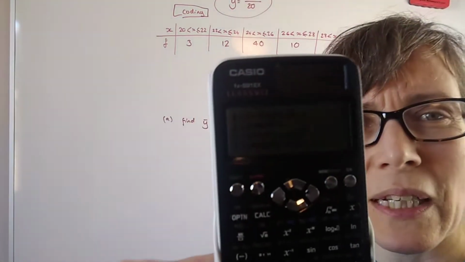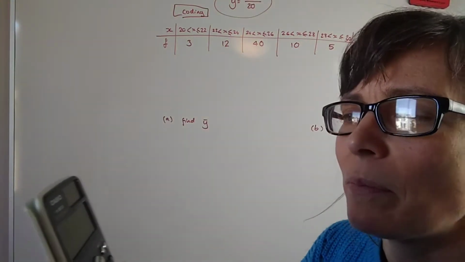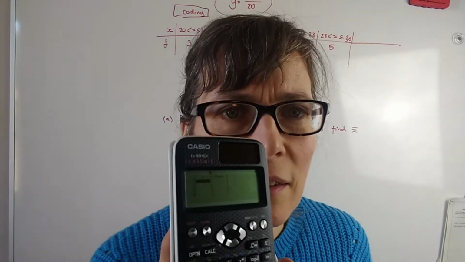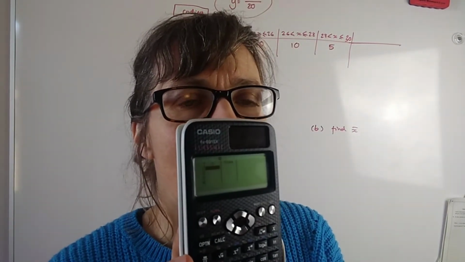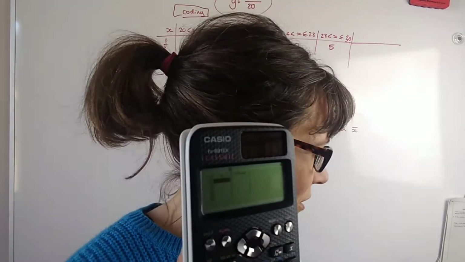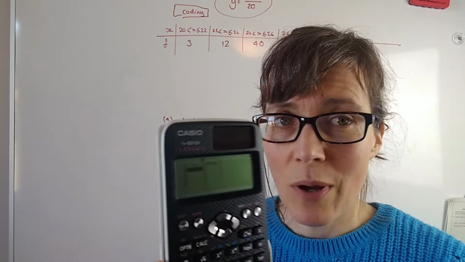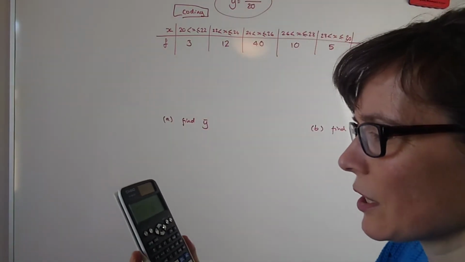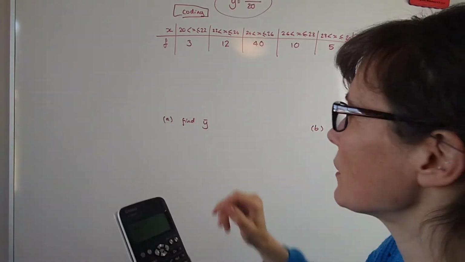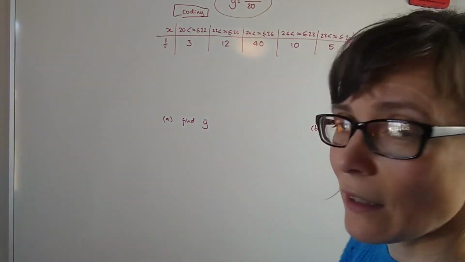This might not be very clear on my calculator because of the light here, but what you should get is a little chart with x and its frequencies to put in. If you're not in frequency mode, have a look at the video to check out how to get into frequency mode. But you should see 2 columns, x and frequencies. And then we can just put in the corresponding values.